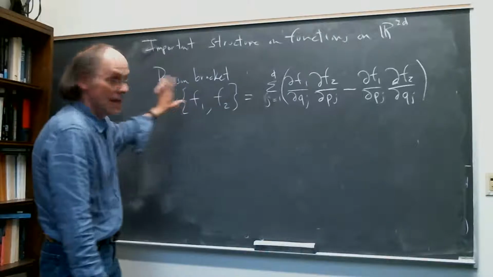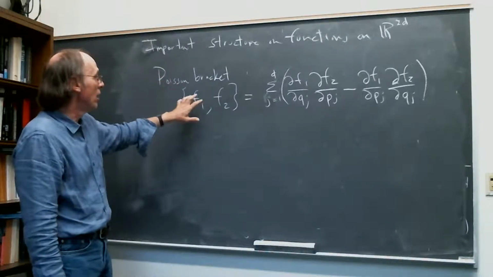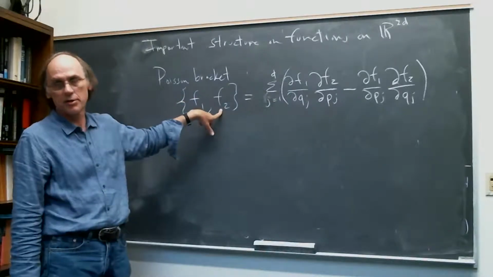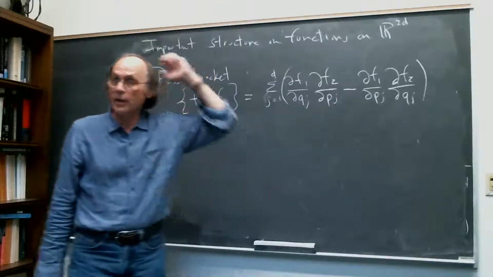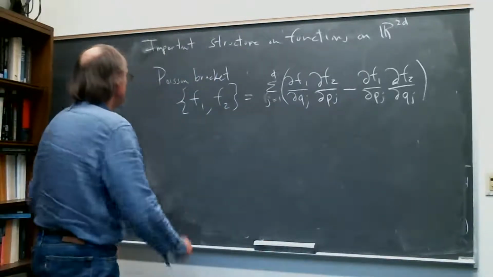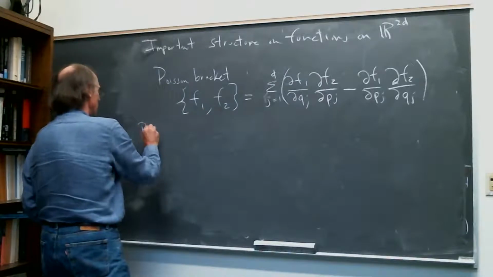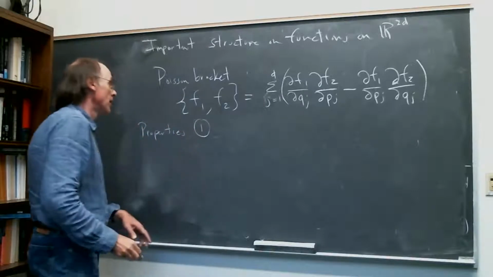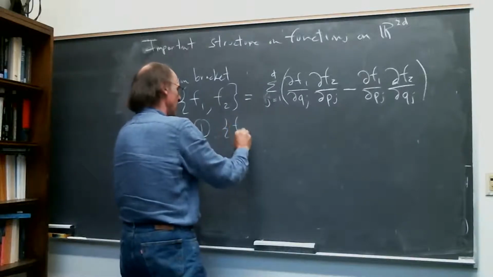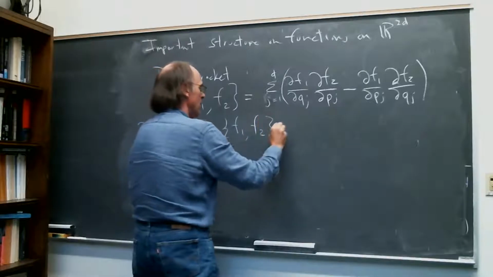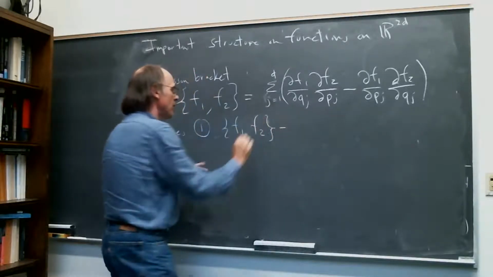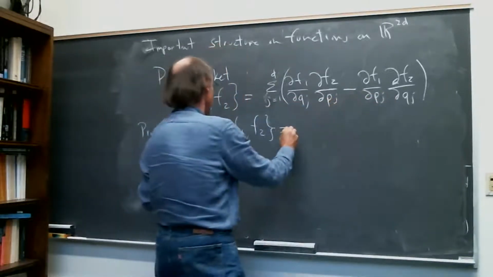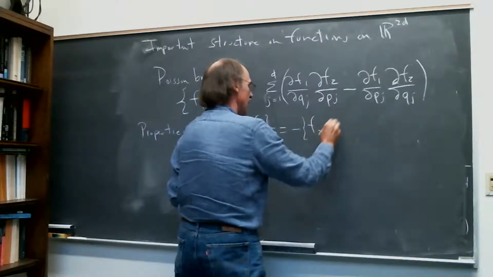Anyway, what this gadget is doing is, you feed in these two functions on R^2d, and you get a third function on R^2d. The properties are that if you interchange f1 and f2, you just pick up a minus sign: {f1, f2} = -{f2, f1}.